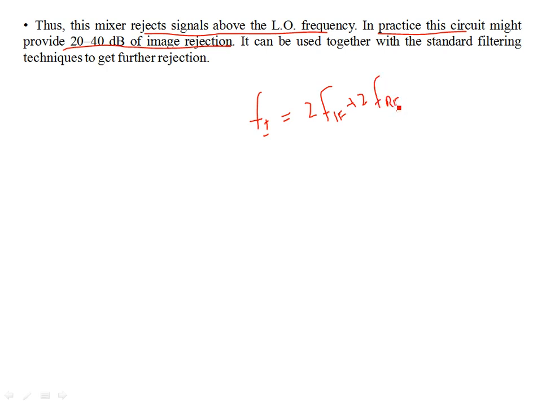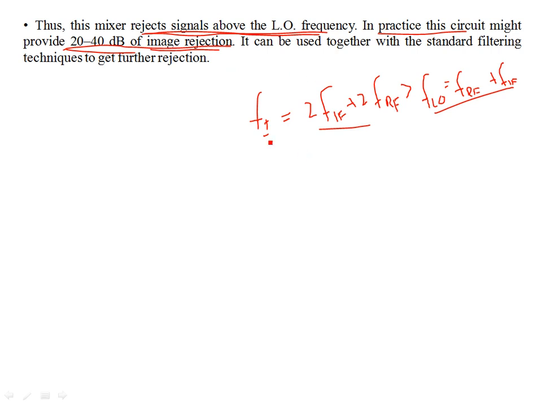If this frequency becomes greater than the local oscillator frequency, F_LO, which otherwise is set to F_RF plus F_IF, you can see that this frequency is greater than the local oscillator frequency. This image rejection is going to provide attenuation to such signals. So this mixer basically rejects the signals above the local oscillator frequency, including the image, and it might provide 20 to 40 dB of image rejection as well.